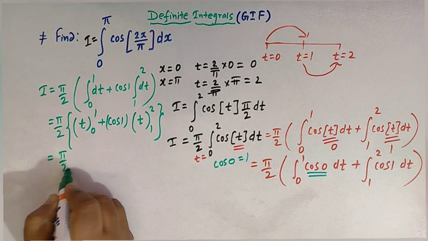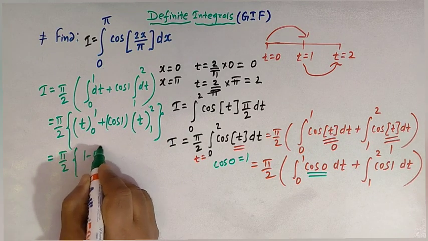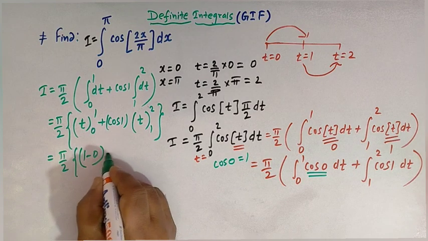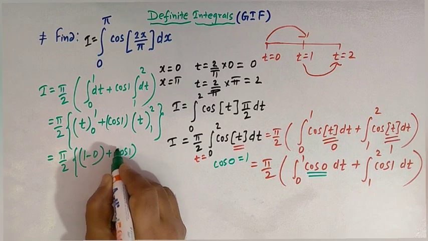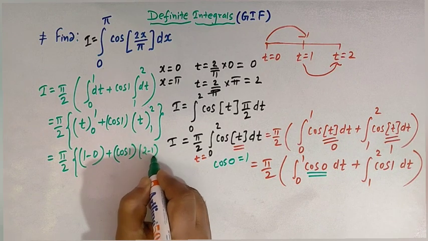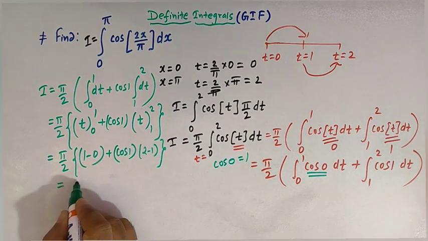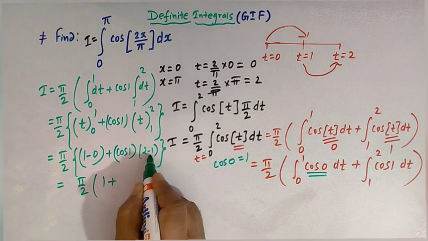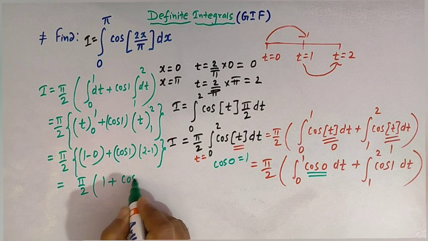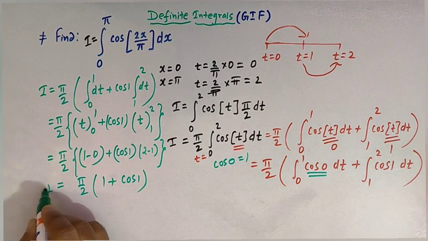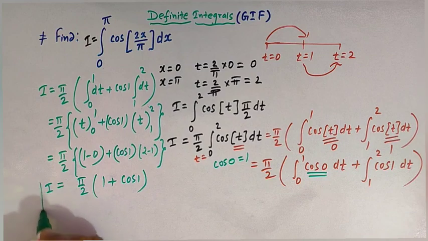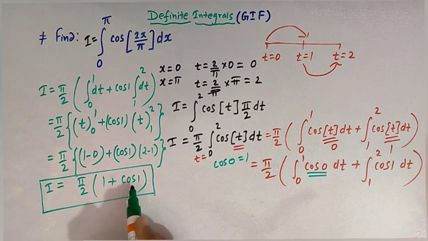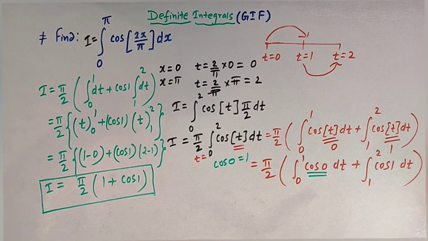So this is pi by 2, and here we have 1 minus 0, substituting the limits and taking the difference, and here we have cosine of 1 and 2 minus 1, right? So now this is pi by 2, and this is 1, and here we have 1, so this is 1 plus cos of 1, right? So the value of this integral is equal to pi by 2 times 1 plus cosine of 1, right?